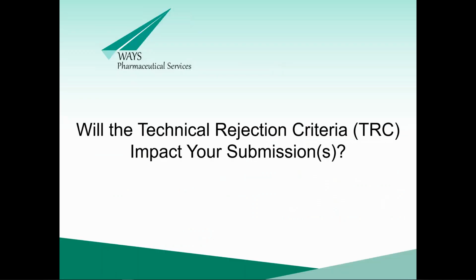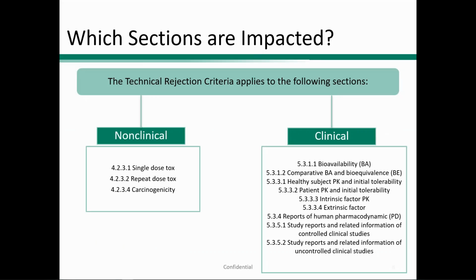All right, so now that we understand what is part of the technical rejection criteria, let's see how and if it will impact your submissions. So first, when the TRC came out, a lot of folks got nervous because they really just said, all right, non-clinical and clinical data must submit standardized data. Well, depending on your program, that can be a lot of information.